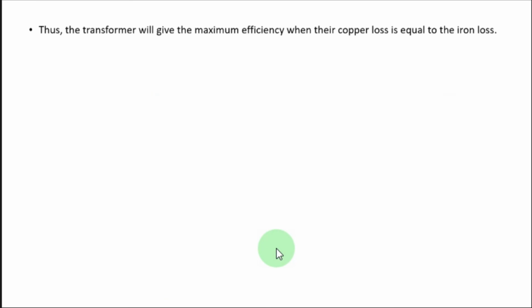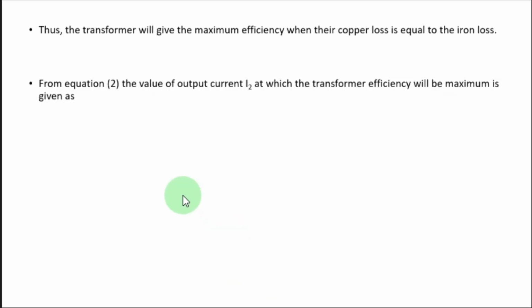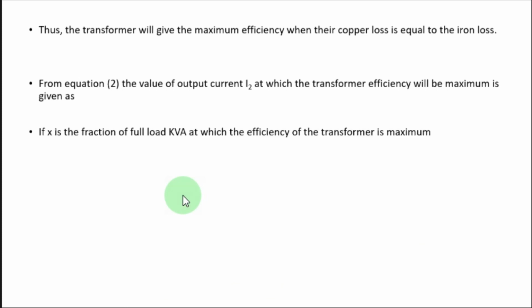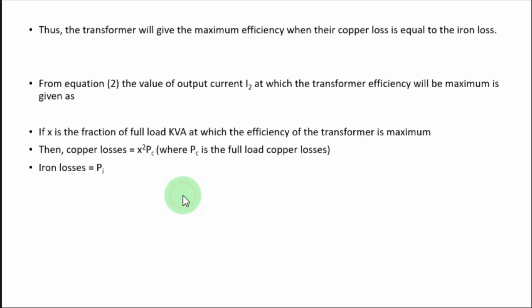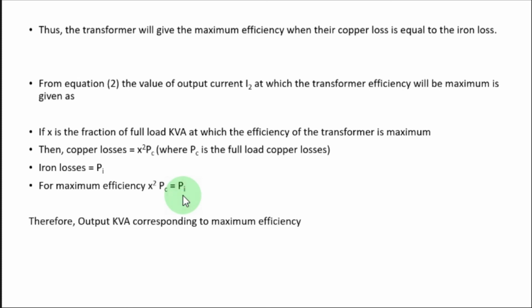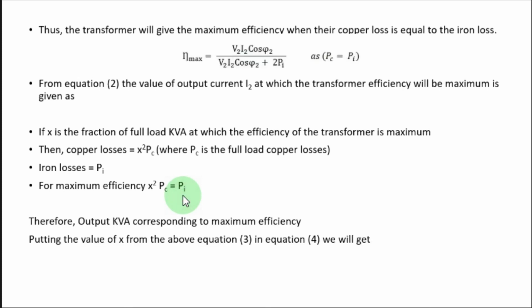So thus the transformer will give the maximum efficiency when its copper loss is equal to the iron loss. Right, so efficiency maximum will be this part, you can put it as 2 Pi because PC and Pi are the same.